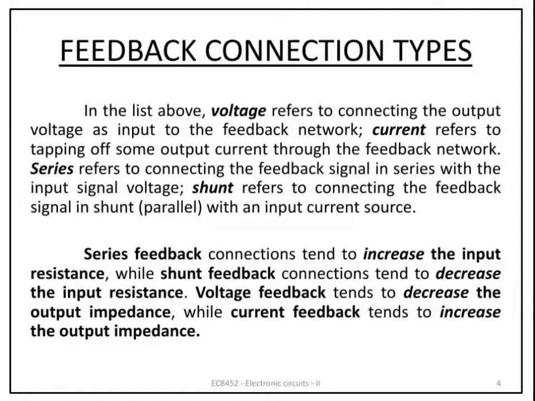Shunt refers to connecting the feedback signal in shunt, that is parallel, with an input current source. Series feedback connection tends to increase the input resistance, while shunt feedback connection tends to decrease the input resistance. Voltage feedback tends to decrease the output impedance, while current feedback tends to increase output impedance.